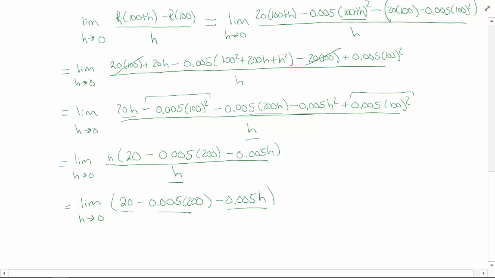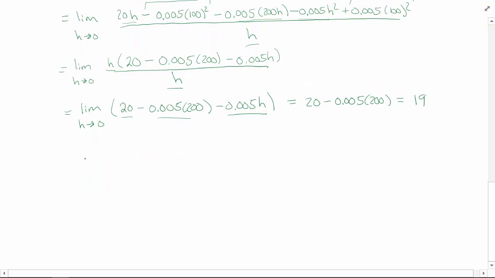The first two terms are just constants, so when you do the algebra with those, you're left with 20 minus 0.005 times 200, which is equal to 19. Which means the instantaneous rate of change, that was in thousands, so 19 is $19,000.